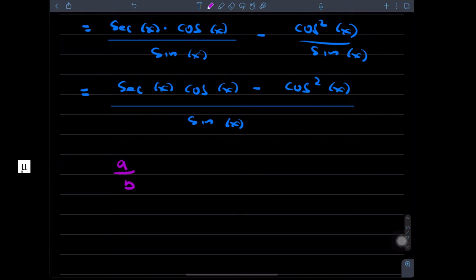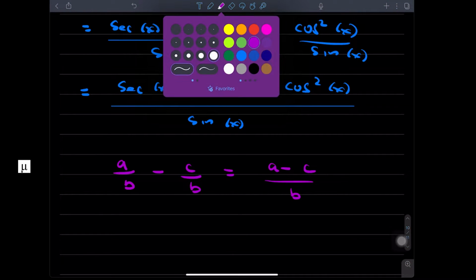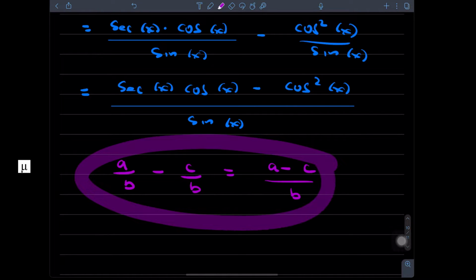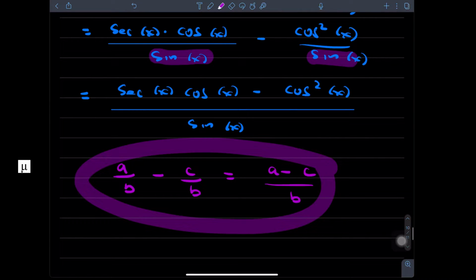If you have a over b minus c over b, that's a minus c over b. This is the arithmetic here. You had the same denominator. See that there? So far, so good?